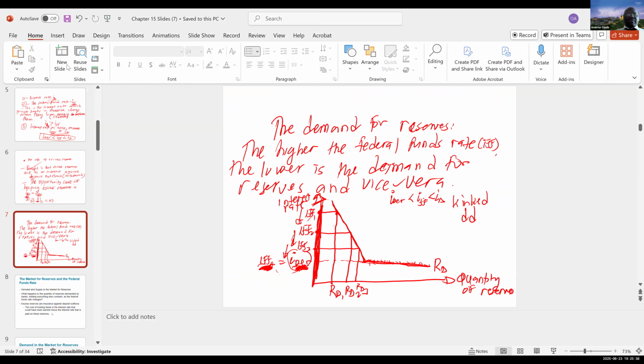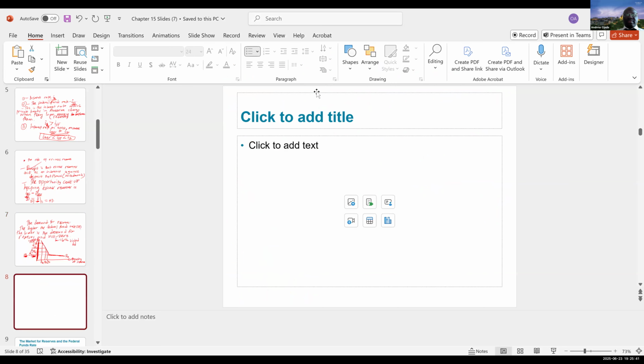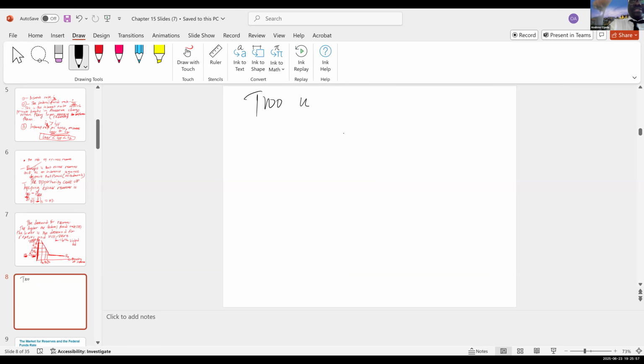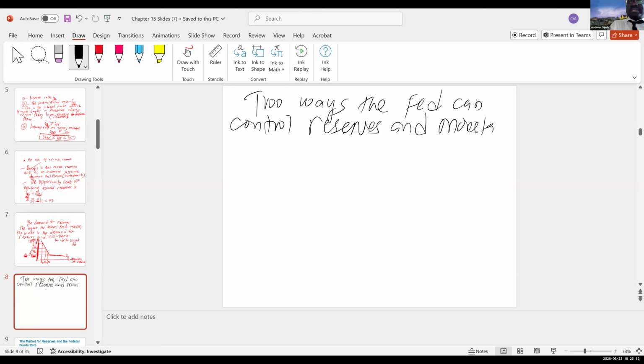In chapter 14, we talked about the two ways that the Federal Reserve can control the supply of reserves and monetary base in the banking system.